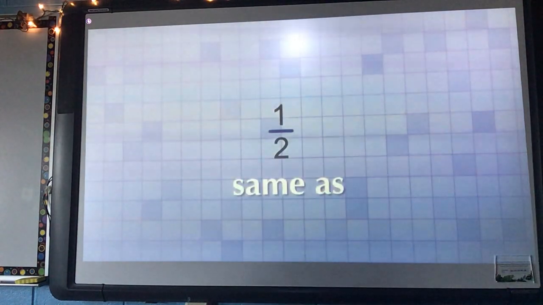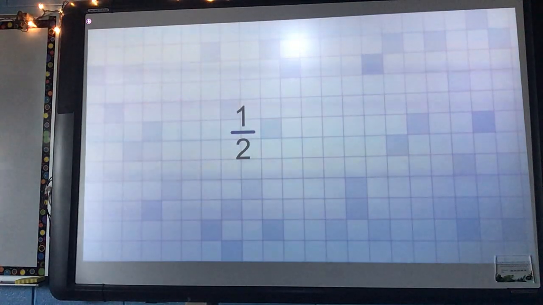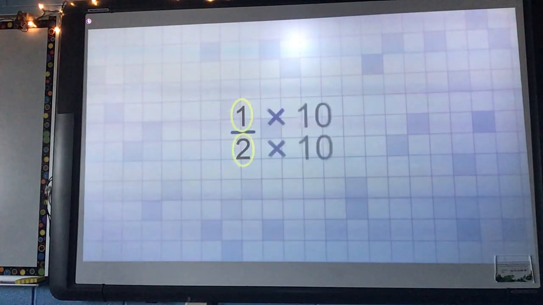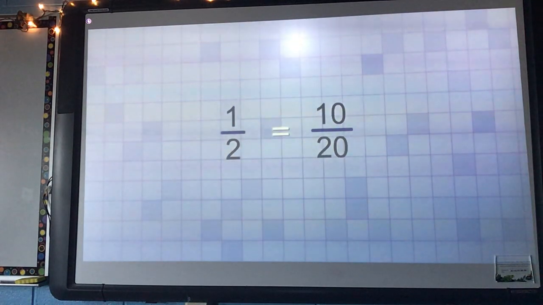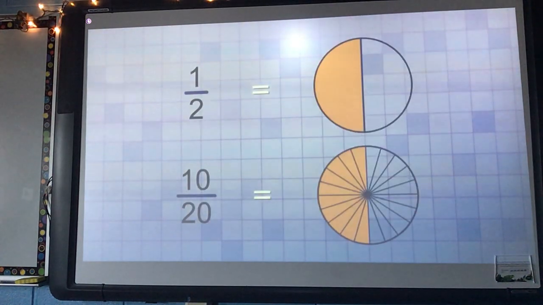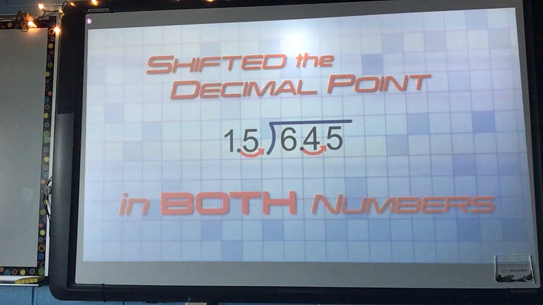Think about the fraction 1 over 2. That's the same as 1 divided by 2, right? Okay, but what if I multiplied both the top and bottom number by 10? That would give me 10 over 20, which is equivalent to 1 over 2. Even though it uses different top and bottom numbers, both represent the value 1/2. They're equivalent fractions. Well, that's what we did in our decimal division problem when we shifted the decimal point in both the divisor and the dividend by one place.